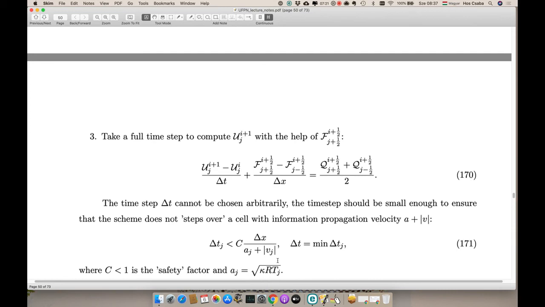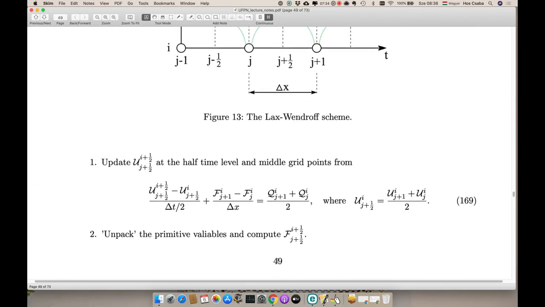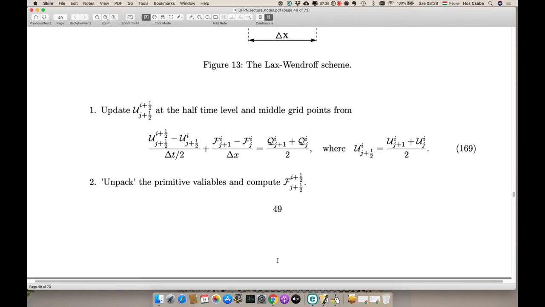But the advantage is that the isentropic method of characteristics is a very clever and physical way of handling boundary conditions. Okay, so it's fairly simple, it's fairly straightforward.